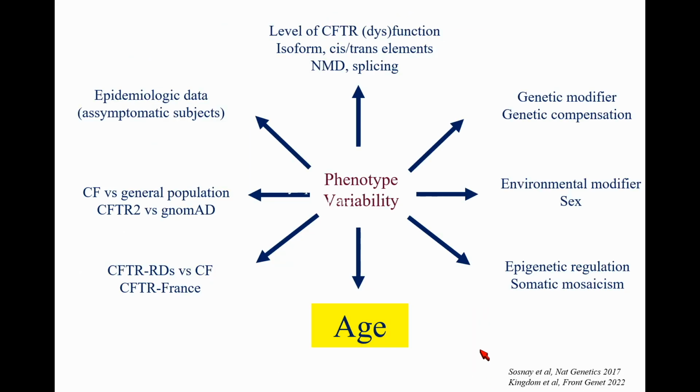But a remaining unknown factor is age, because we all know that penetrance is age dependent. We all know patients switching from asymptomatic infants to CFTR-related disorder and classical CF along the age. And this is a really underreported factor.